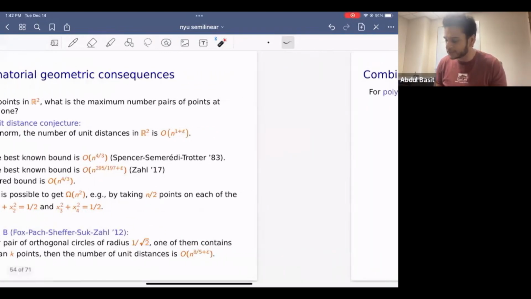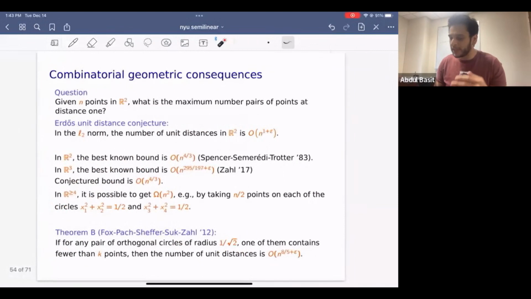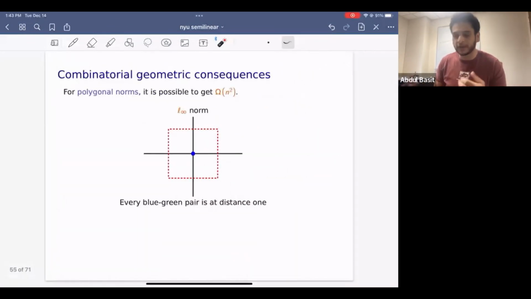What we can do is replace the L2 norm with a polygonal norm, the L-infinity norm for example, and then you can have the same thing. You can have a configuration that looks like this and get n squared unit distances: if I put my blue points and green points, every blue-green pair is at distance 1.